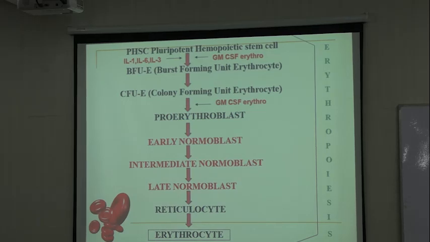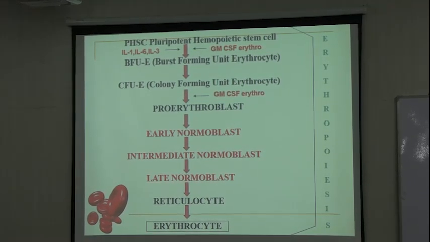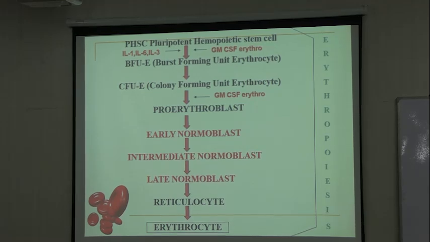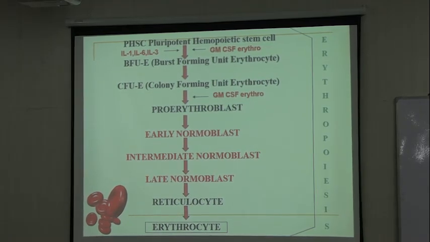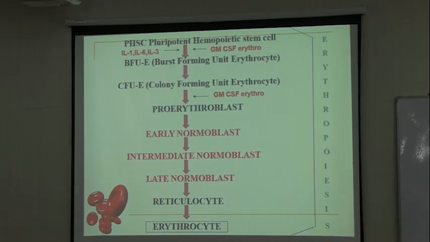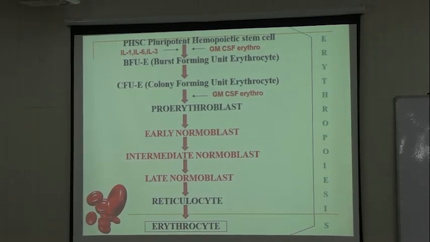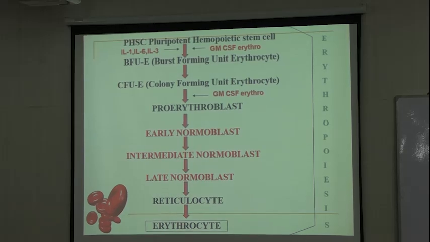It may be CFU-G for granulocyte, CFU-M and so on, so it may be different, but we are interested in CFU-E because from this it has been committed. It is the progenitor cell from which these erythrocytes will be produced.